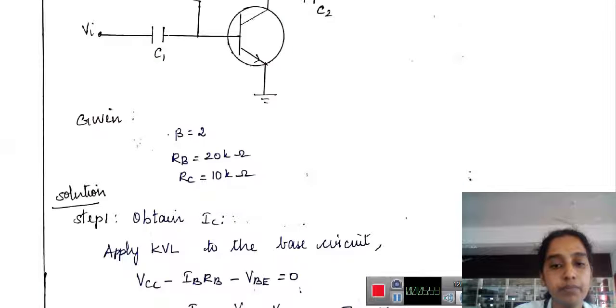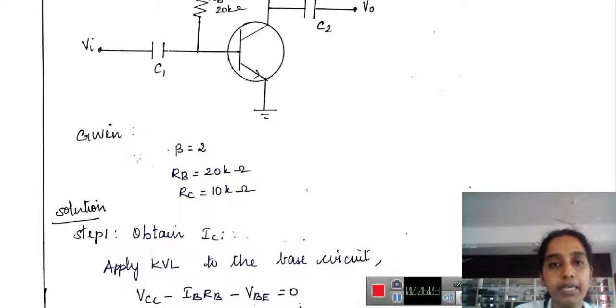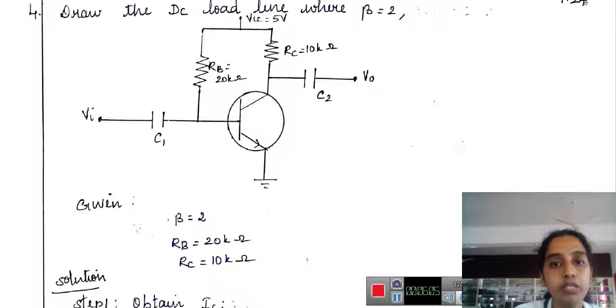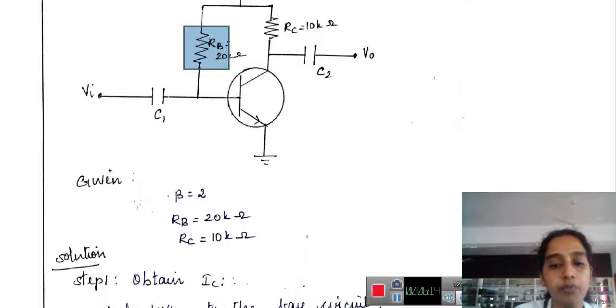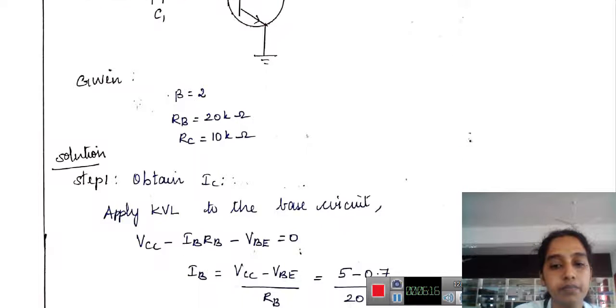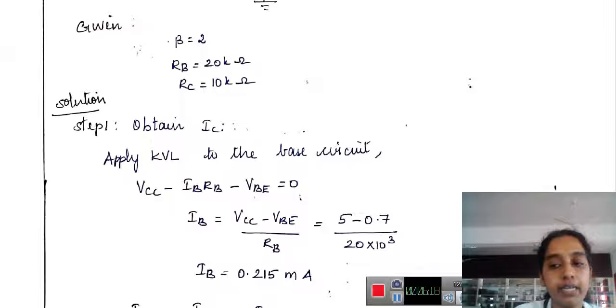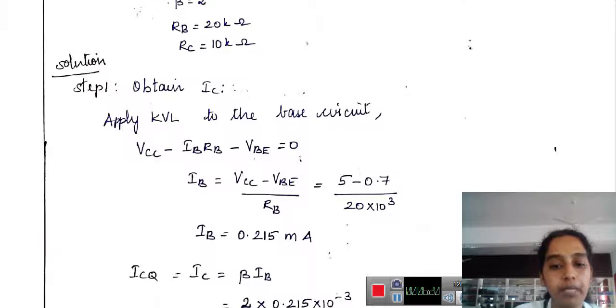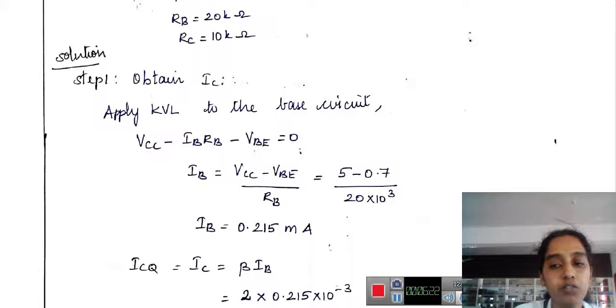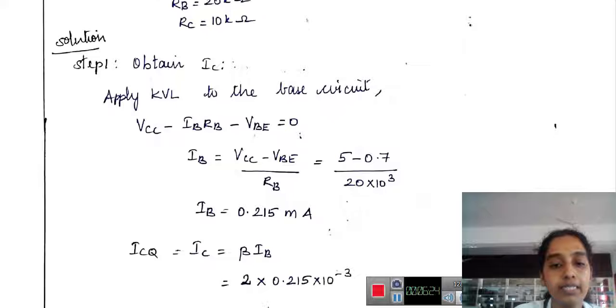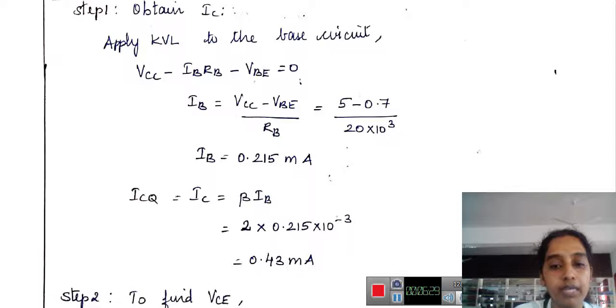From the input circuit we apply KVL: VCC minus IBRB minus VBE equal to 0. We know the value of VBE, always 0.7 volt. So I can calculate the value of IB. If IB is known, IC is equal to beta into IB, so I can calculate the value of IC too.